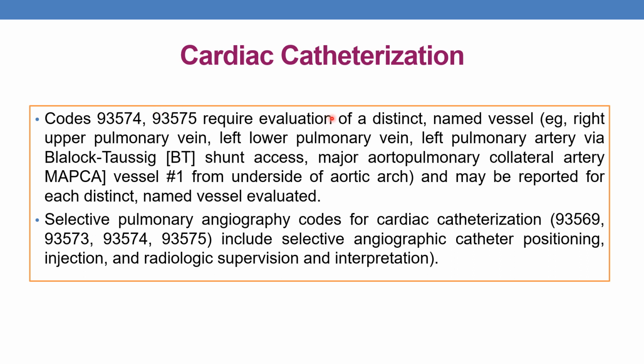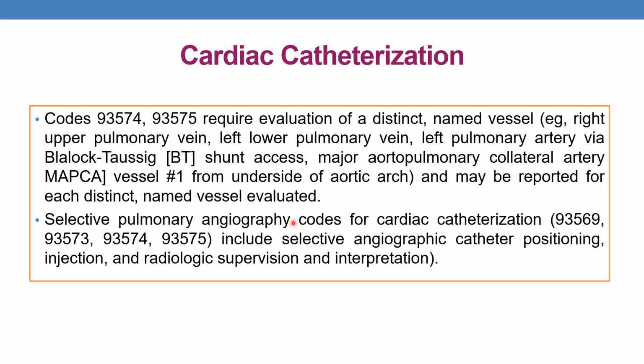And these codes 93574 and 575 require evaluation of a distinct named vessel, for example right upper pulmonary vein, left lower pulmonary vein, left pulmonary artery via Blalock-Taussig (BT) shunt, or major aortopulmonary collateral artery vessel 1 from underside of aortic arch, and may be reported for each distinct named vessel evaluated.